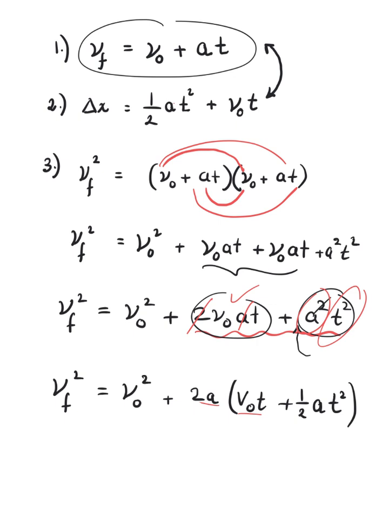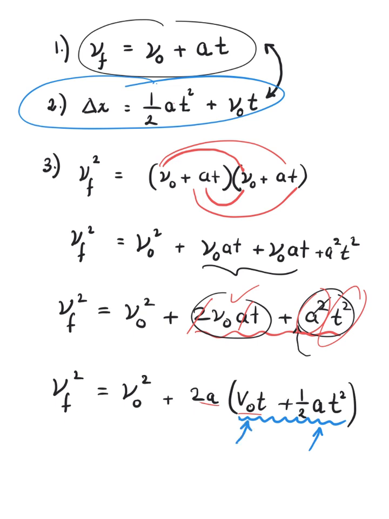Now, why did I do this? What's the reasoning for that? Well, I already know what this is. That's our second kinematics equation. So if we look at the second kinematics equation, we have 1 half at squared, which we have here, that's our second term, plus v naught t, that's our first term here.